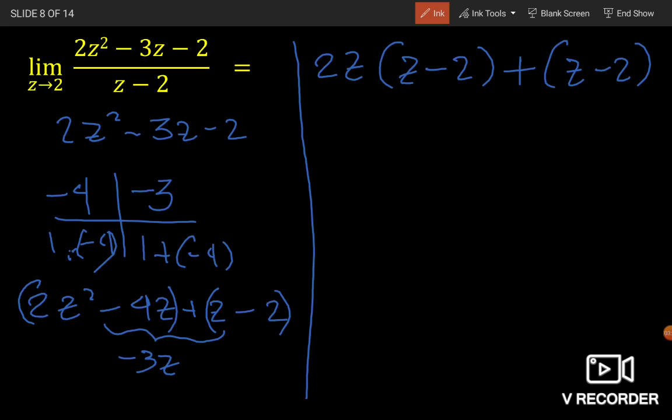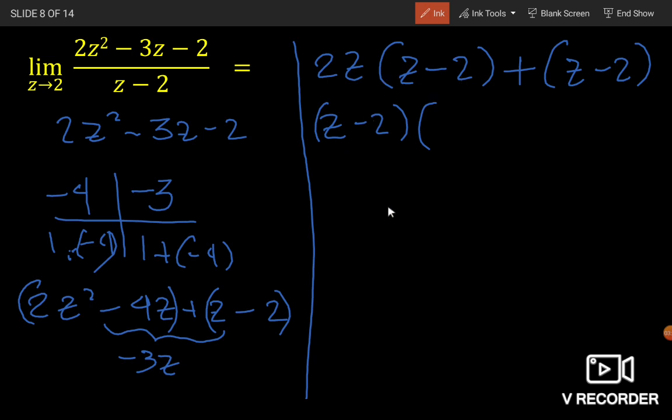Now, the greatest common factor of this entire expression is z minus 2. Now, we factor this first term, 2z times z minus 2, divided by z minus 2.